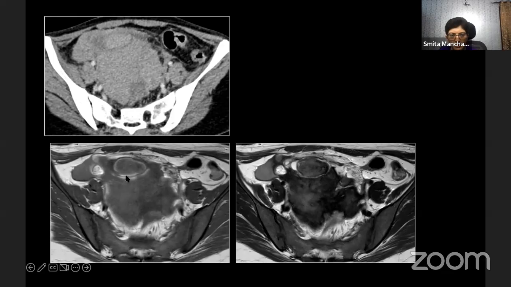Because it's a T1 hyperintense rim and it has got a T2 and a T1 hypointense lesion within. Then there is a lesion which is within the pelvis, which is suggestive of a hematoma, T1 intermediate to bright and T2 dark. And there is free fluid, which is again T1 and T2 intermediate. So hemoperitoneum. So there is a cystic lesion within the ovary, which is suggestive of a subacute hematoma kind of appearance. There is a hematoma within the pelvis and there is hemoperitoneum.